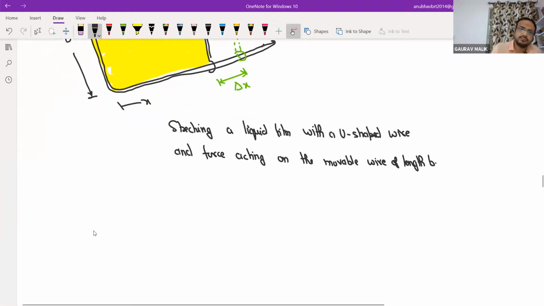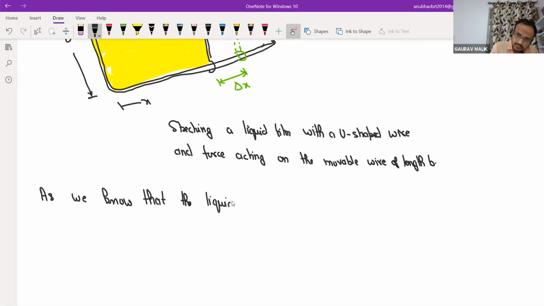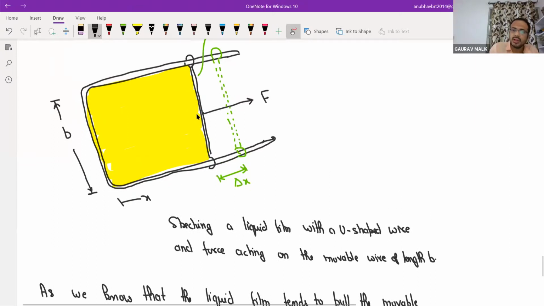As we know, the liquid film tends to pull the movable wire inward.